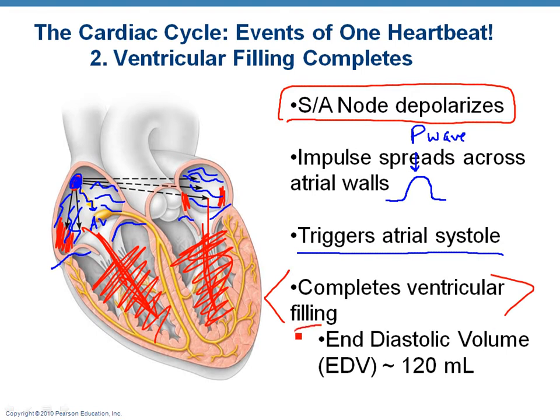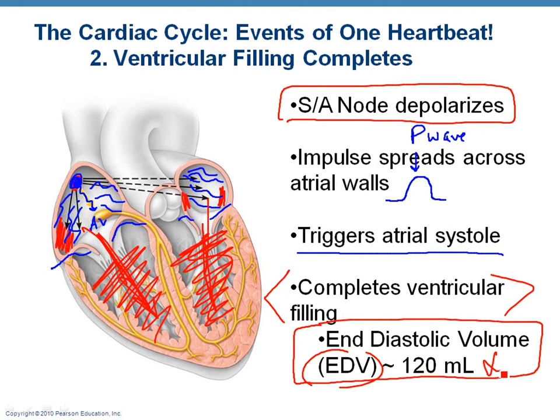And in an average adult, at this point, your ventricles have, in total, between them, about 120 milliliters of blood. Keep that number in mind, and also keep this phrase and abbreviation in mind, end diastolic volume, or EDV. That's going to be important, and again, that's typically about 120 milliliters in an adult.